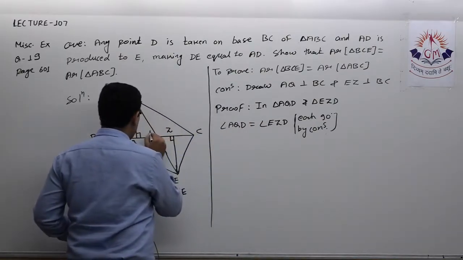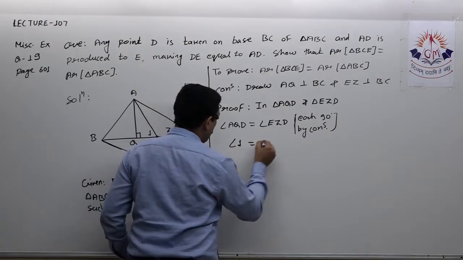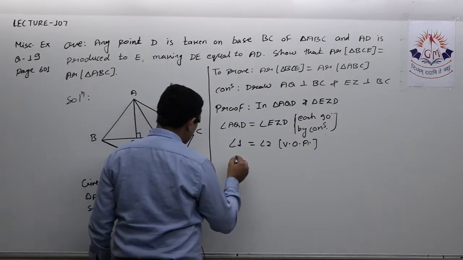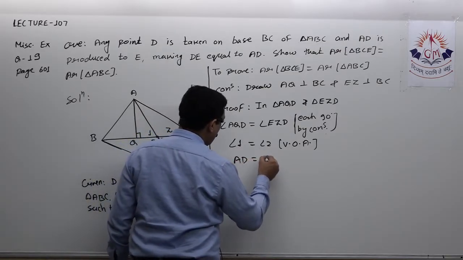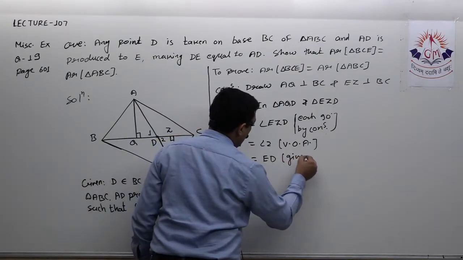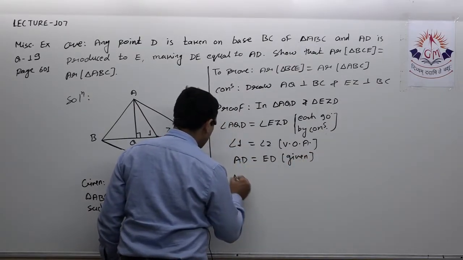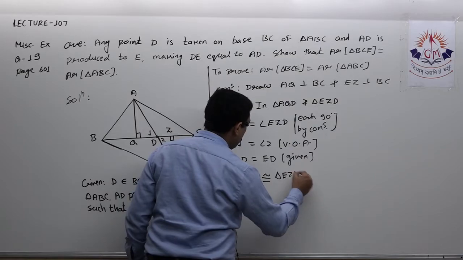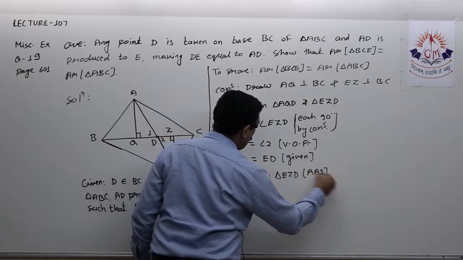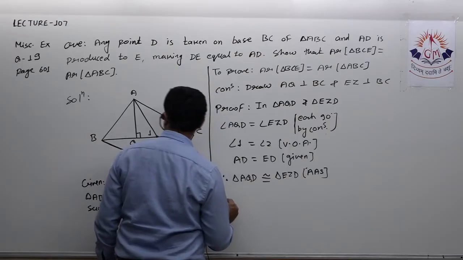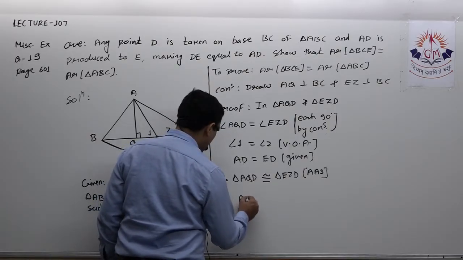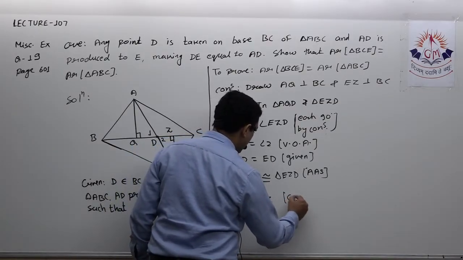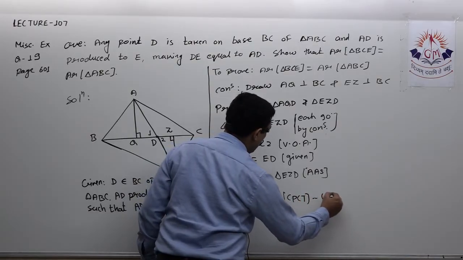Then angle 1 equal to angle 2, vertically opposite angles, and AD equal to ED, that is given. So therefore triangle AQD is congruent to triangle EZD by angle, angle, side, and therefore AQ is equal to EZ by CPCT. Let it be equation number 1.